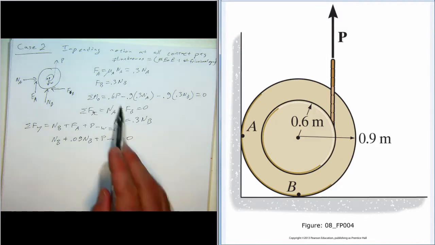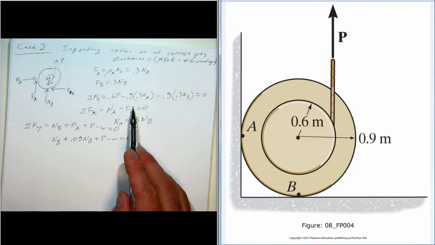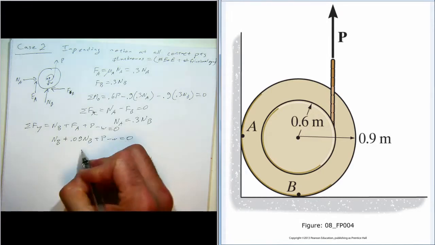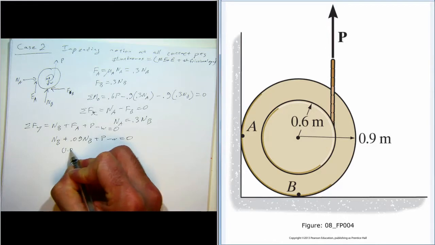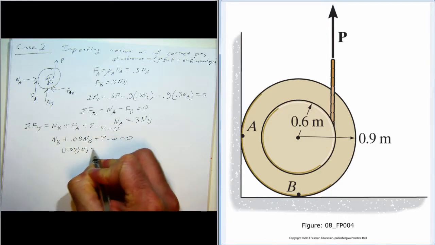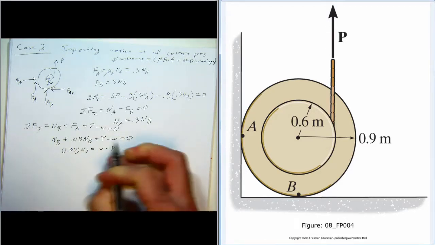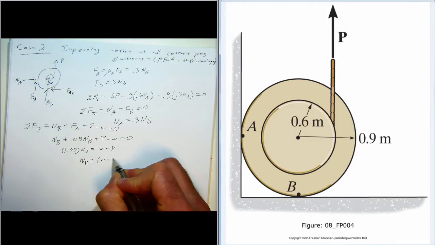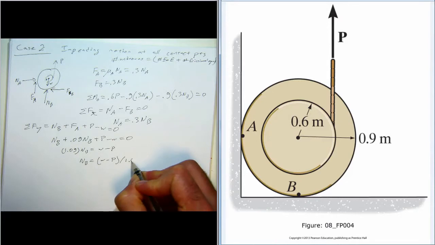Okay, so we'll go up to this equation and get NB in terms of P, and then we can come back here and solve for P. Or maybe it'd be easier to use this equation. So 1.09 NB is equal to W minus P. NB is W minus P over 1.09.